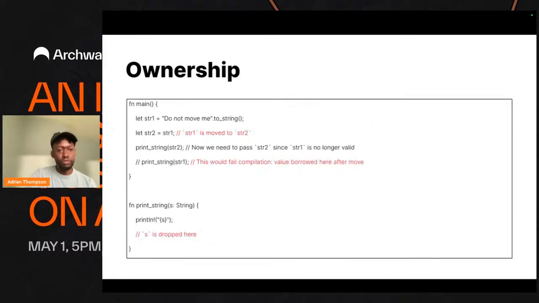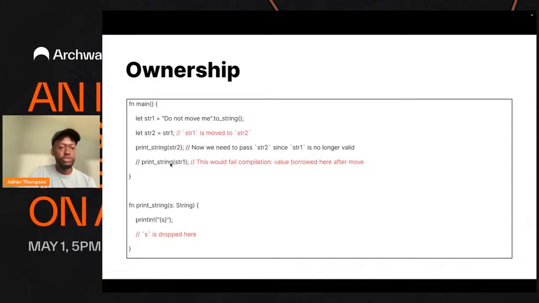Another solution, let's go through this example so we can explain what that solution would be. If we have a function call, so if we have string 1, "do not move me", we assign it to string 2, then we call this function to print string 2.